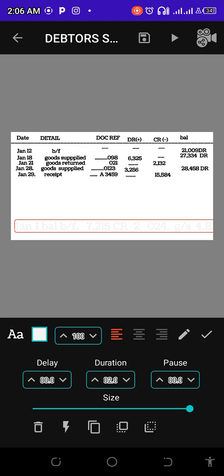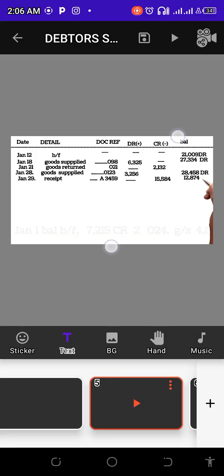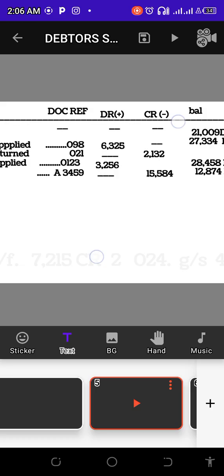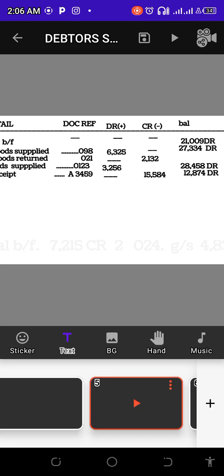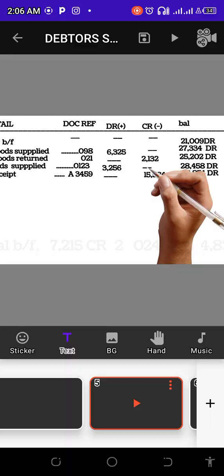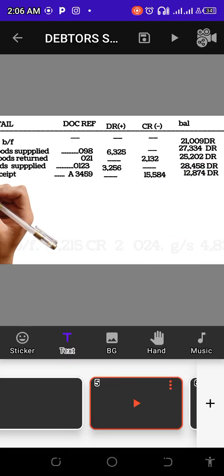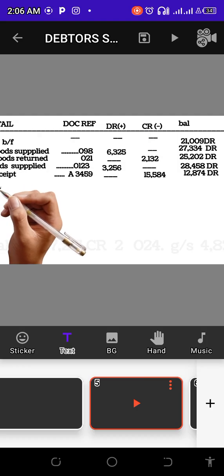And when you remove that 10,000, 50,584 from 28,458, you have a balance of 12,874 debit.